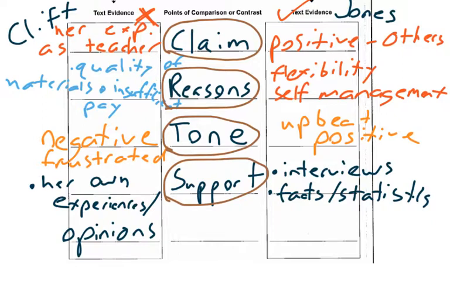For instance, in one paragraph, we talk about the different claims. We would say, here's what Clift's claim is like, here's what Jones's claim is like, and we'd use evidence from those articles to back it up. In our next paragraph, we'd talk about the differences in their reasons. Again, we'd use evidence to back that up, and we'd do the same thing with tone and support. So here we're just working on coming up with evidence and coming up with points we want to discuss.